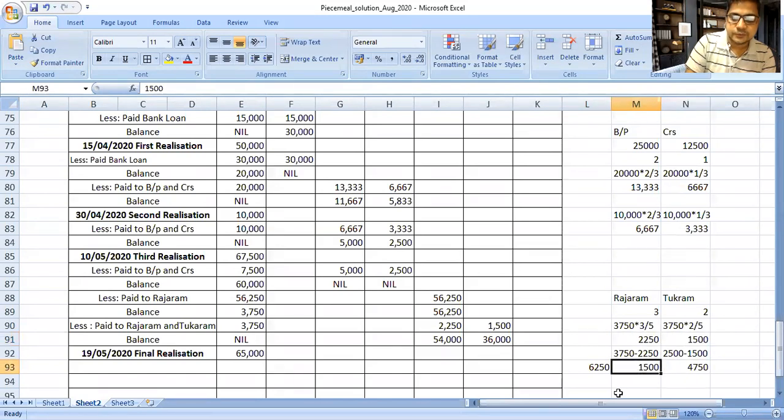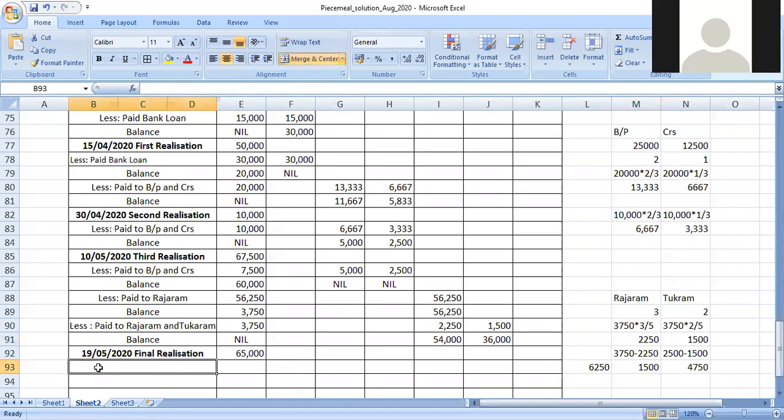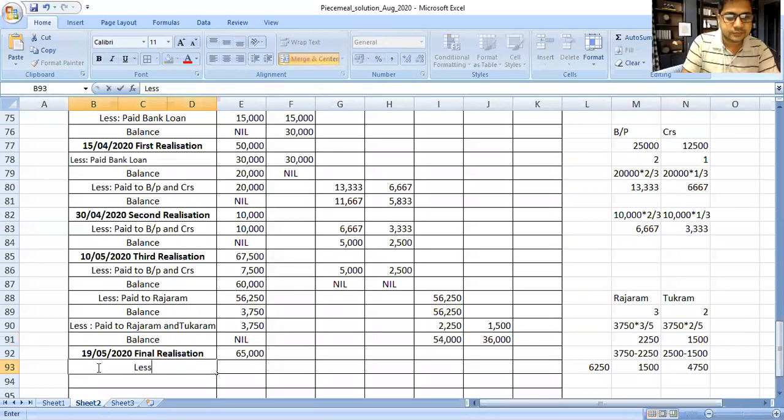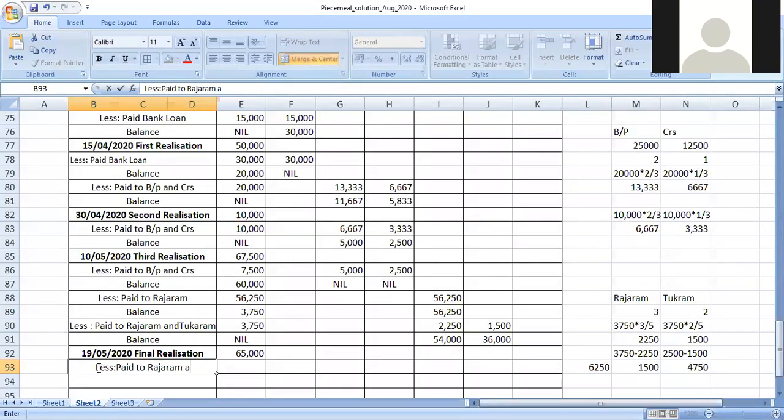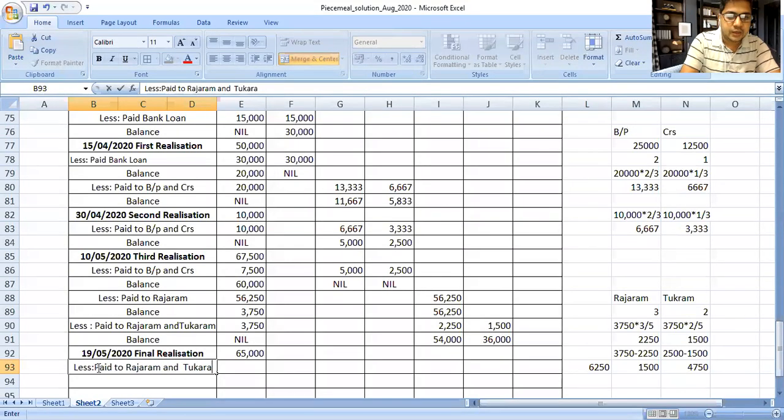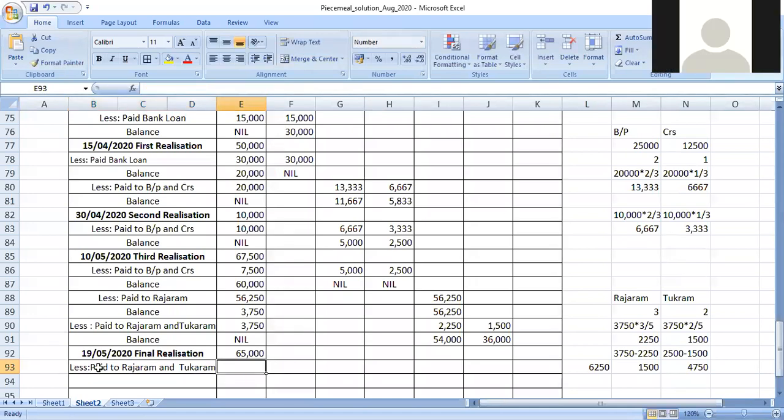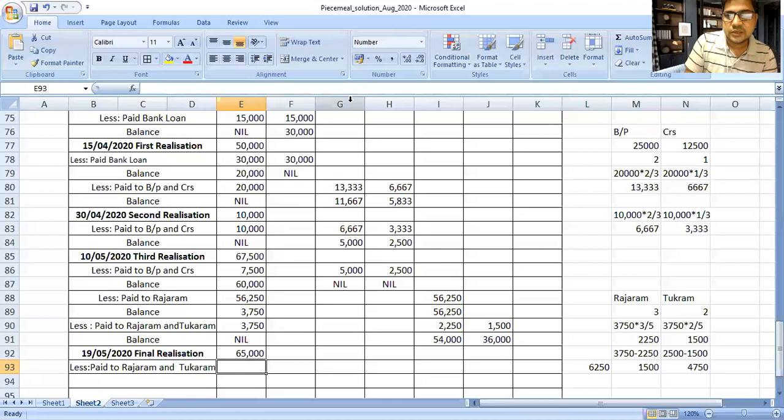Now the rest of the value which is not paid, 1500 and 4750, we have to pay right now. So we will consider less paid to Rajaram and Tukaram. How much amount? So 1500 plus 4750.